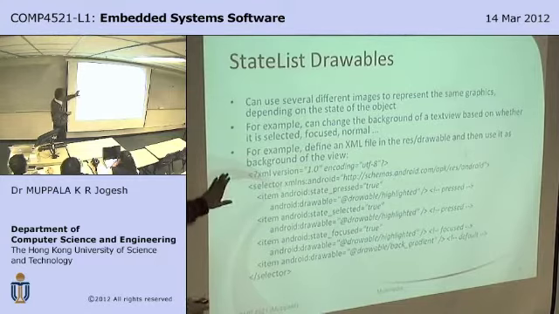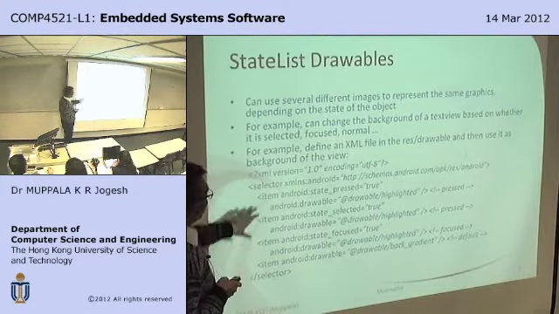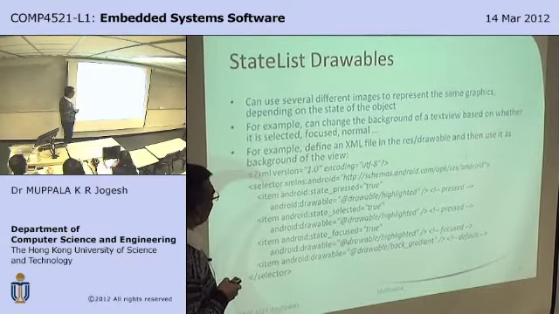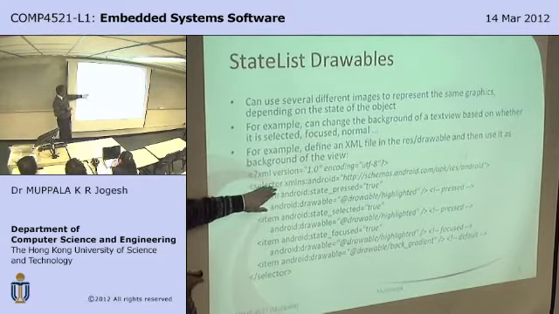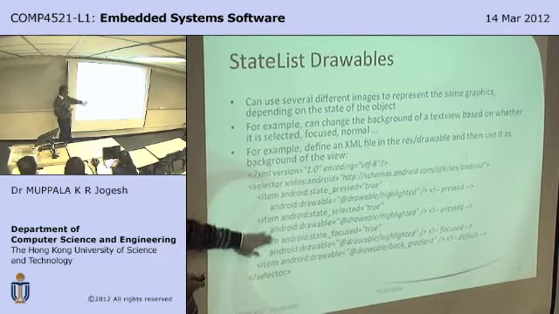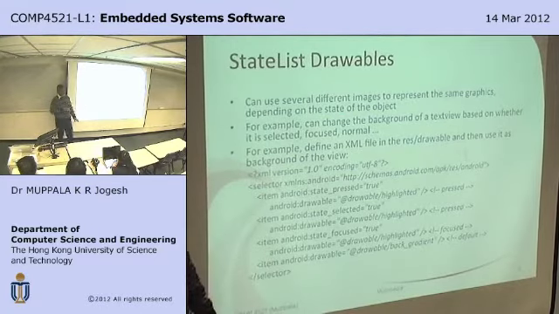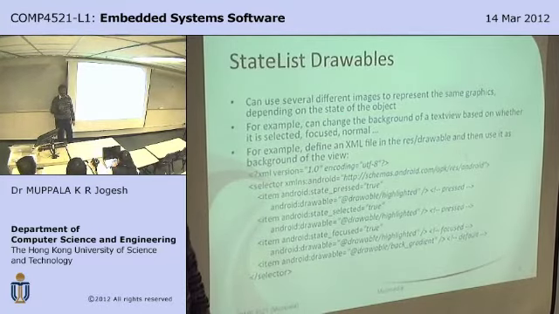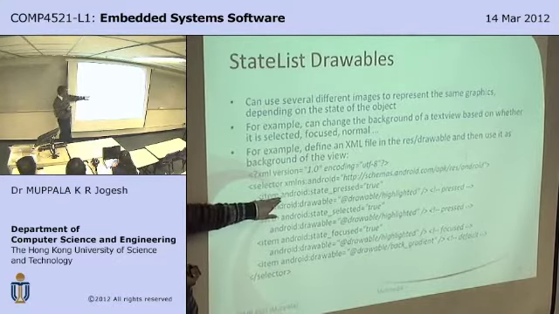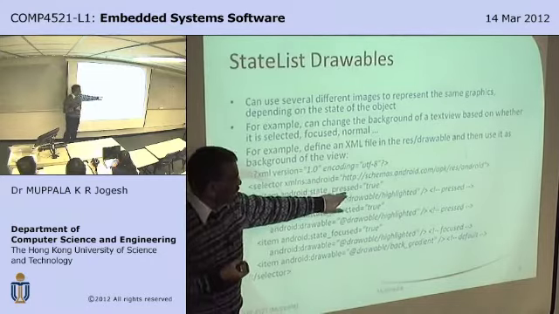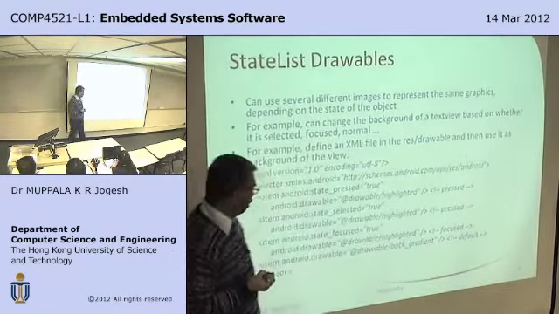Okay. In this particular example, I look at making an item. For example, this is a selector. This is how you define the XML file that tells you the different ways that this thing can be displayed. So if you say an item, if the state pressed is true, then you make use of this particular drawable.